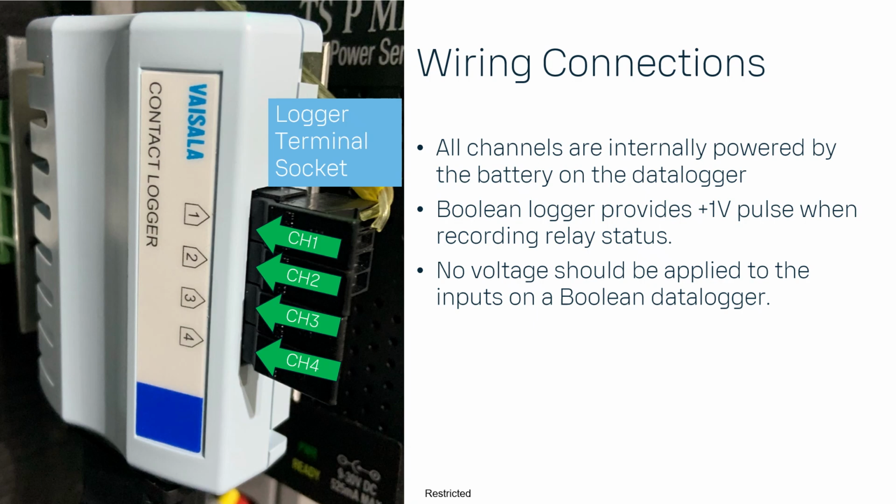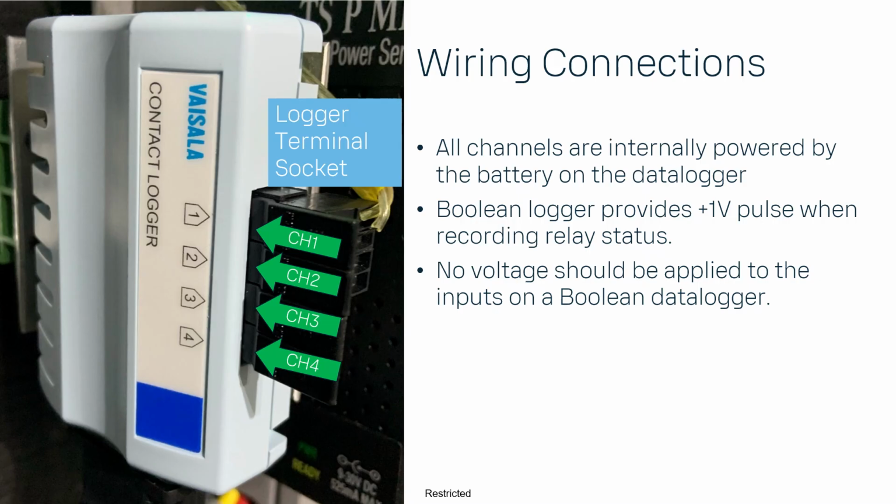The wiring connections to the data logger are pretty simple. There's 4 different ports on the data logger itself, and each one of those ports has a little connector. All the channels are internally powered by the battery on the data logger, so the contact logger will actually function even when the network is down.